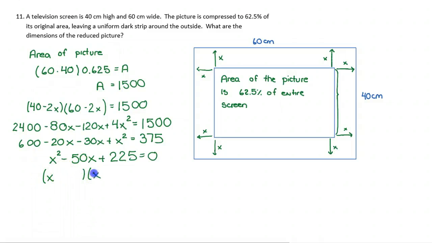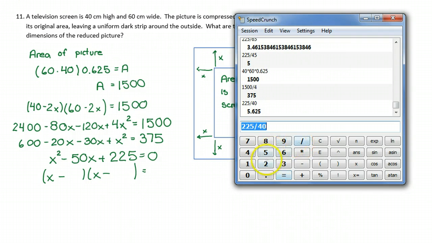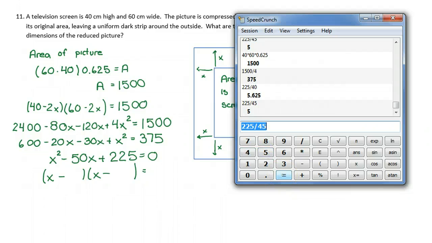It's going to be x and x, and if it's two numbers that multiply to give me a positive but add to give me a negative, they both have to be negative. So I'm going to start guessing numbers less than 50. So let's take 225 divided by 40, doesn't work. 225 divided by 45, and look at that.